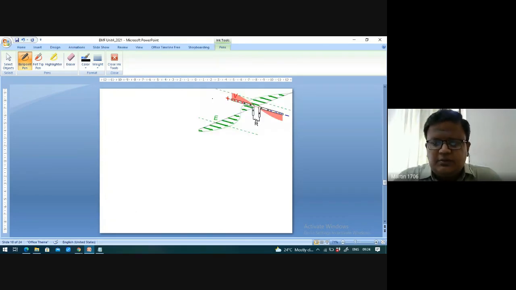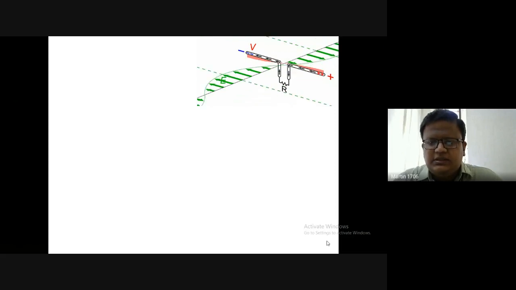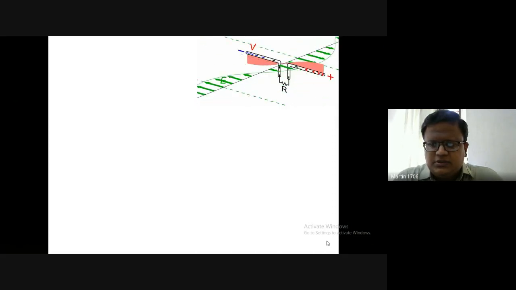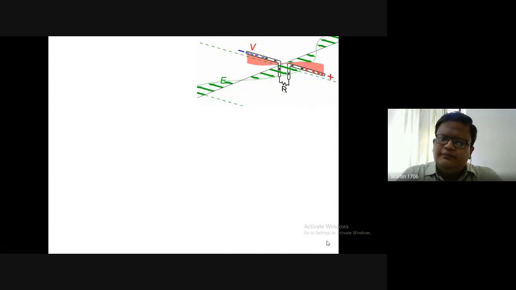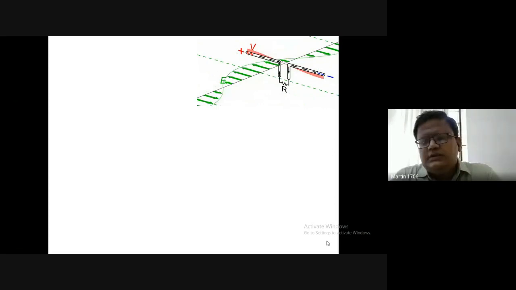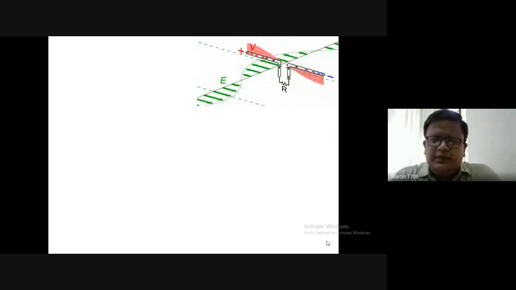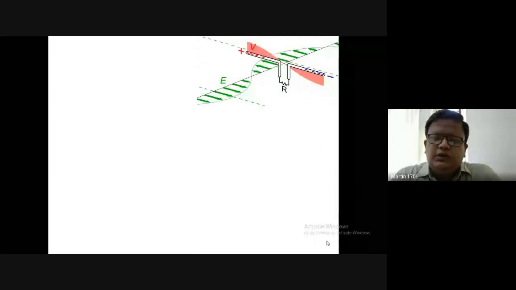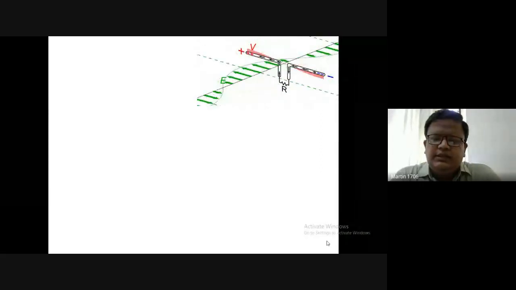Before that, I want to show what is in reality. You can see this simulated zip file. Is it visible, students? Is it visible to your end? Yes, sir. You can see that the waves are propagating from the dipole antenna. In a dipole antenna there are two polarities, positive and negative.